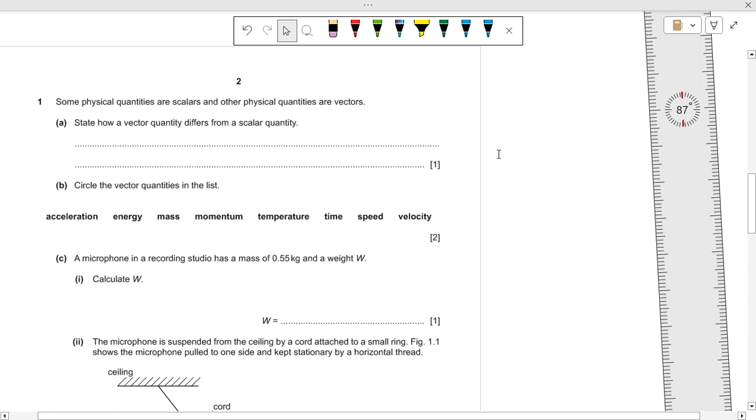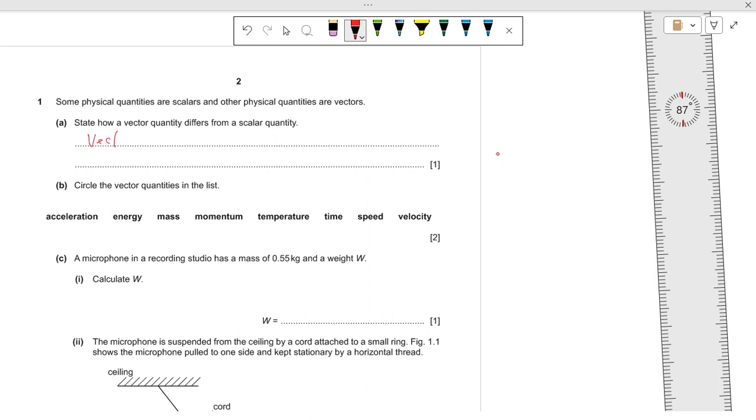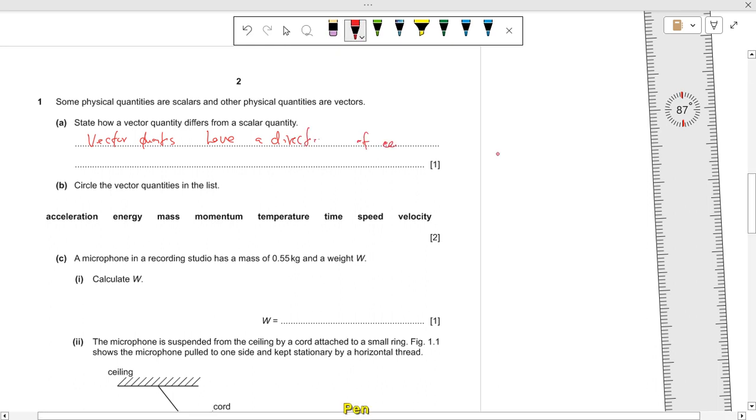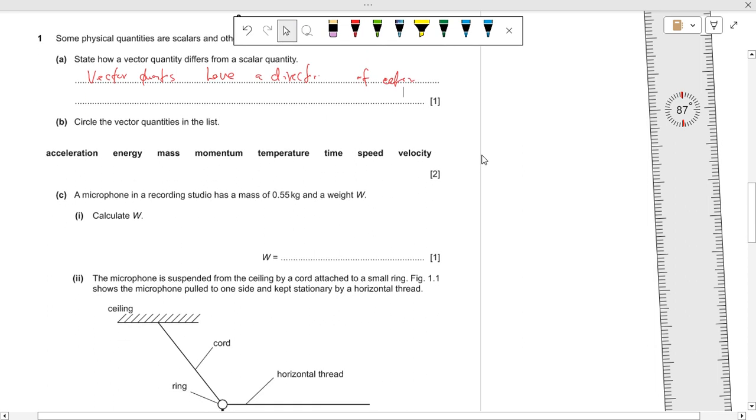State how a vector quantity differs from a scalar quantity. The difference is that vector quantities have a direction of acting, or direction of exerting.